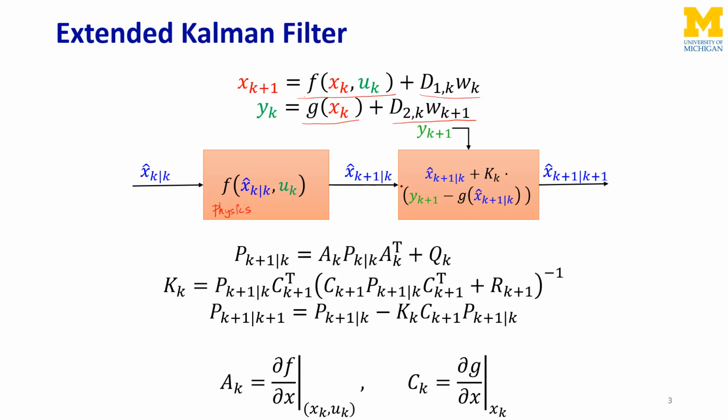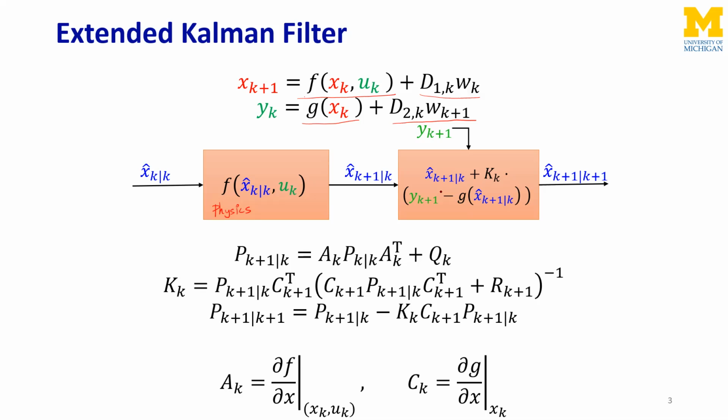And the next step is going to remain exactly the same. We are going to take the prior estimate and add to it the output error scaled by the gain matrix K_k to obtain the posterior estimate at step k+1. Now this gain K_k is going to be computed exactly as before.